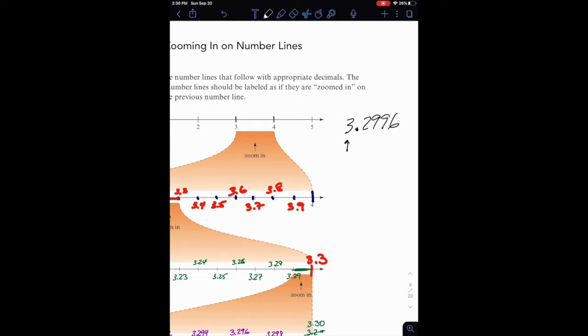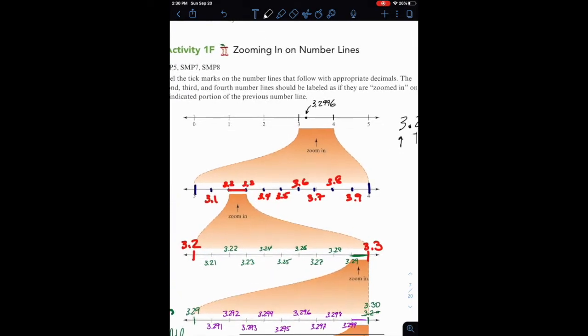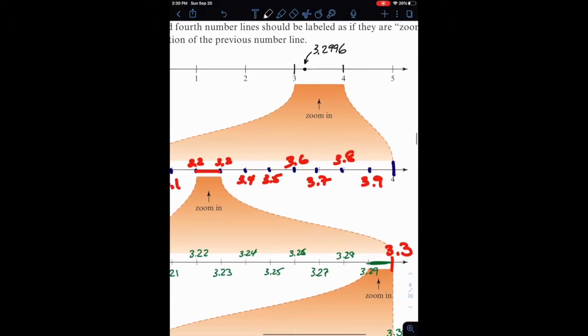And if we were able to split our number line into tenths, then our number would end up almost 3 tenths of the way along. We're between 3.2 and 3.3. How close are we to 3.3? We're very close. We're 9 hundredths close. So we would probably end up somewhere in here.